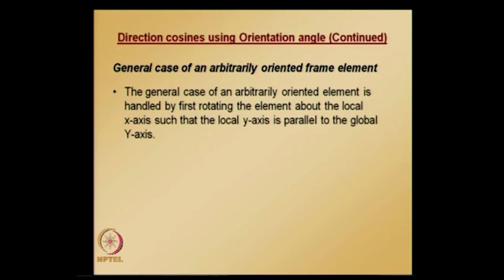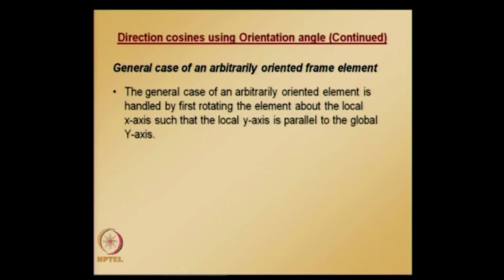So, in the previous case the local y axis is in the same plane as global xy, and this is a more general case in which the local y axis is not in the same plane as global xy.